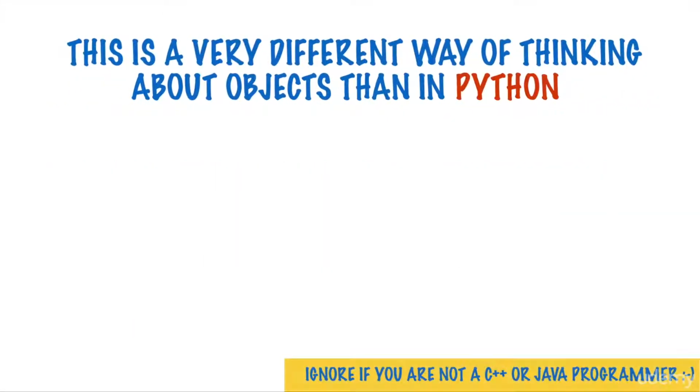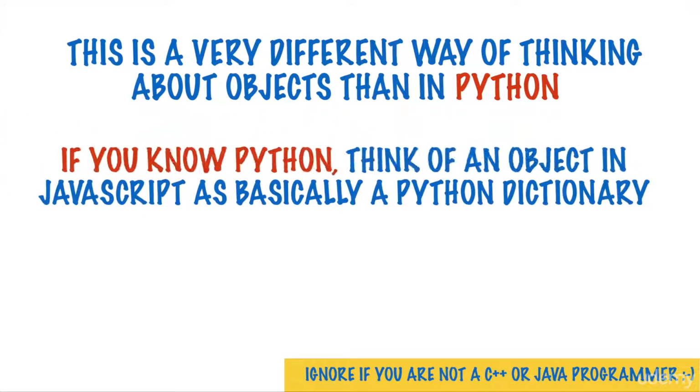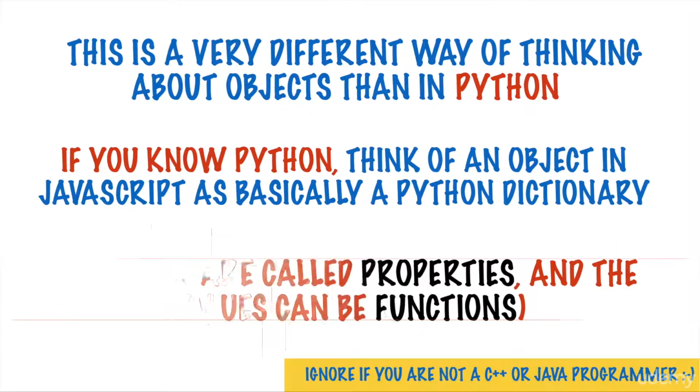Let's say you come from the world of Python. Thinking about objects in JavaScript is very different from thinking about objects in Python. If you know Python, an object in JavaScript is basically a Python dictionary. You know the dictionary class in Python, you know how it stores key value pairs.